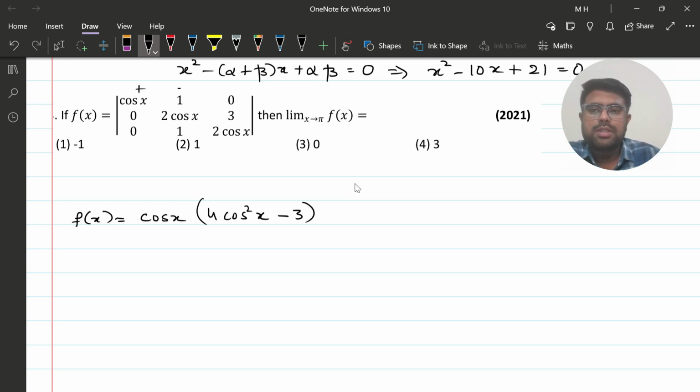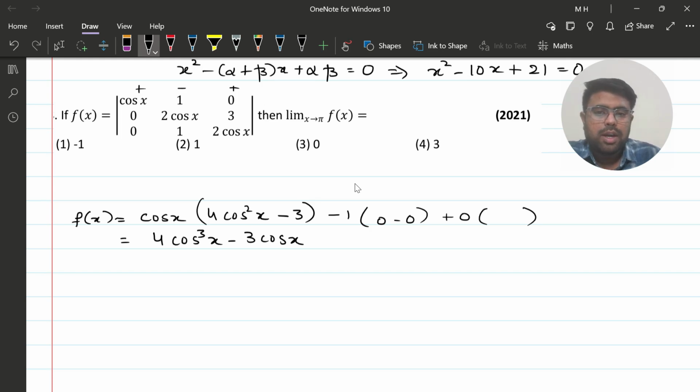This is plus, this is minus, this is plus, minus 1 into 0 minus 0, of course plus 0 into anything is going to be 0, so it is 4 cos cube x minus 3 cos x, and this is anyways going to be 0. 4 cos cube x minus 3 cos x is, of course, cos 3x, right? So therefore your f of x that is given here is just cos 3x, right?